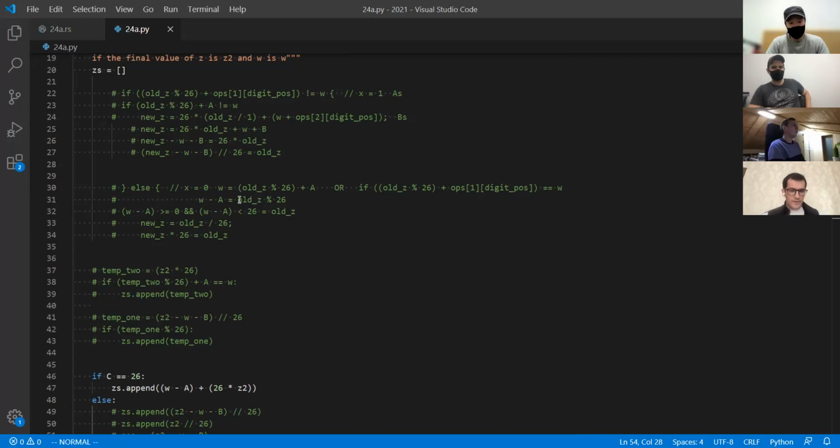I reversed the if statement and solved for the old Z. For the old Z, I have two conditions: either W minus A is greater than 0, or W minus A is less than 26. And so I have those two conditions.